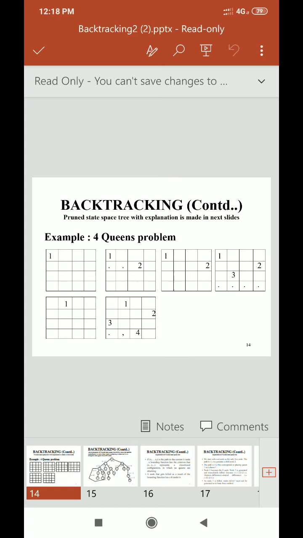And one more thing, the assumption is made that among the 4 queens, the kth queen will always be placed in the various columns of the kth row.